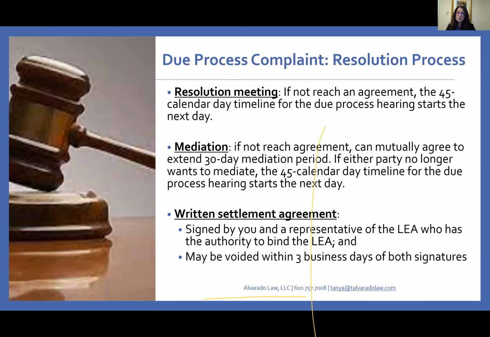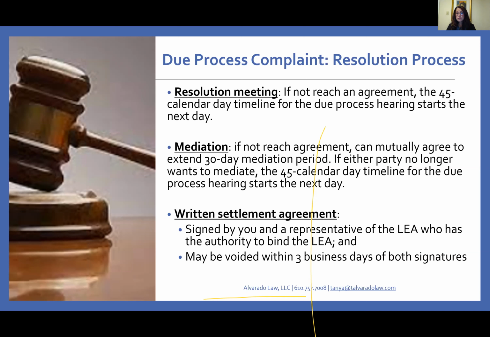If you're able to resolve it before the due process hearing, you can get a written settlement agreement. It's signed by both parties, and under state law, after you sign a contract, you have 3 business days to change your mind, basically. So you can void your signature within 3 business days.